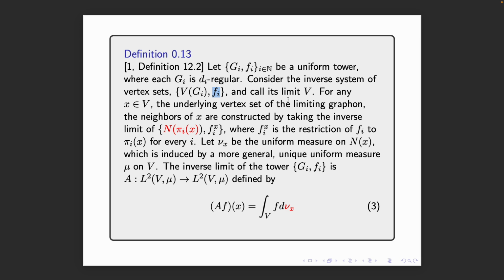The way you do this is you're going to construct a new inverse system by projecting x into the ith graph, looking at its neighborhood, doing this for every i, then restricting the AB uniform maps to those neighborhoods, and then taking this inverse limit in the category of sets. When you do this, you get a uniform measure on the neighbors.